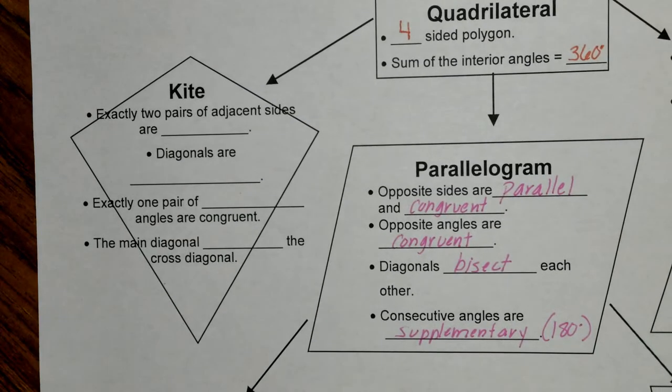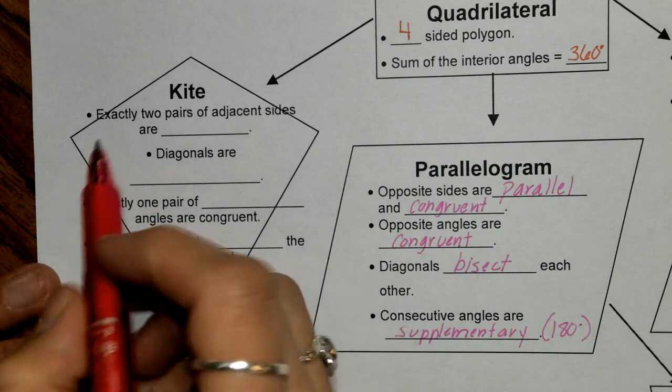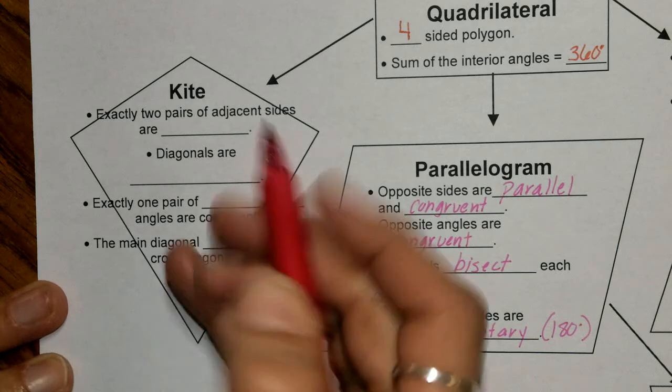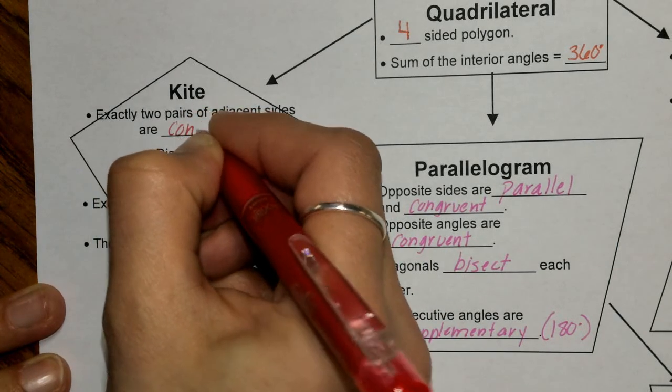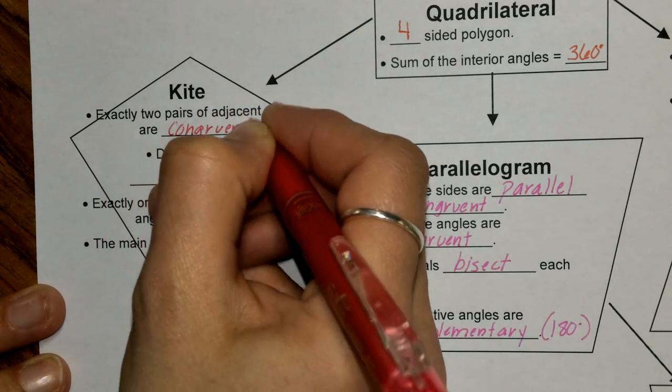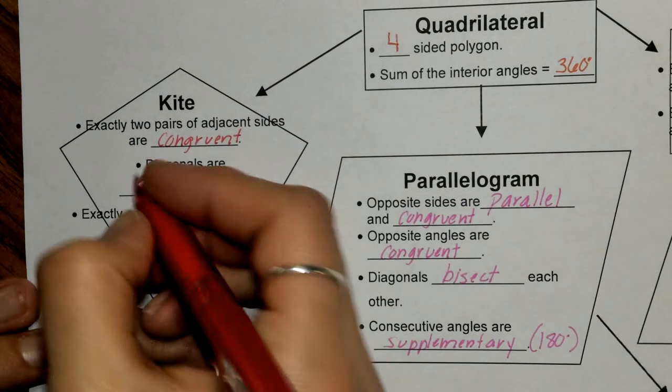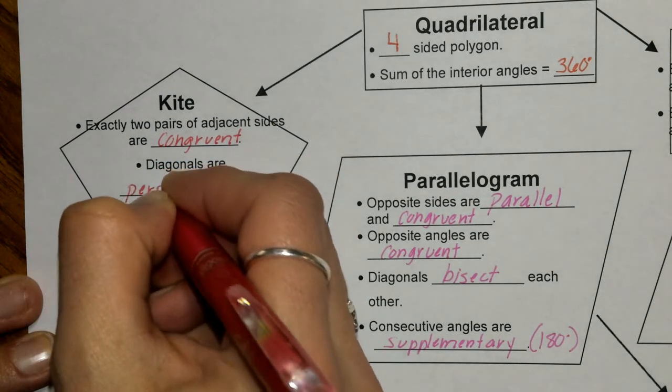Let's go fill out our flowchart before I push stop on the record and then realize it later. Whoops-a-daisy. So with our kite over here, we're going to look at exactly 2 pairs of adjacent sides are congruent. The diagonals are perpendicular.